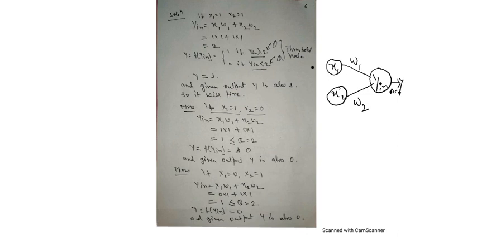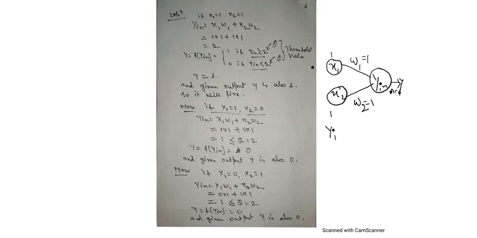Now suppose we take x1 equal to 1 and w1 equal to 1, x2 equal to 1 and w2 equal to 1, okay? So what will be the y input?